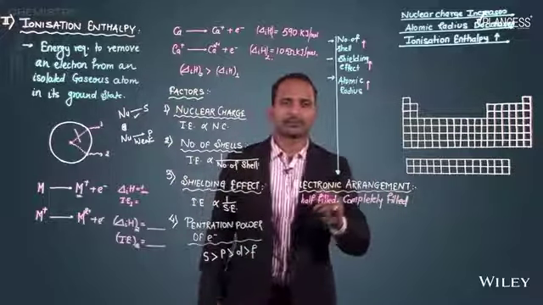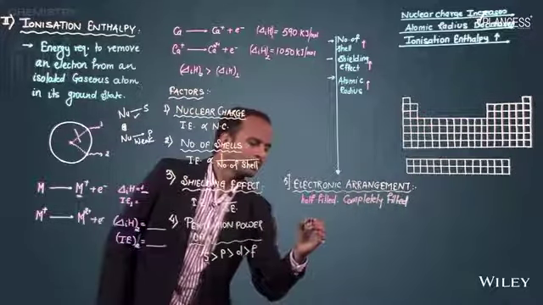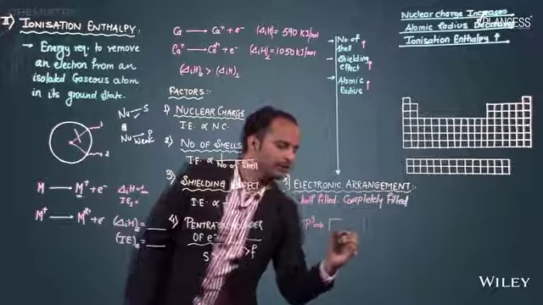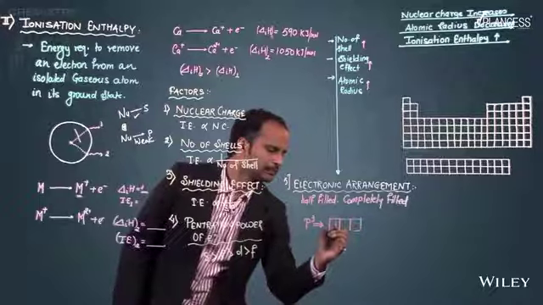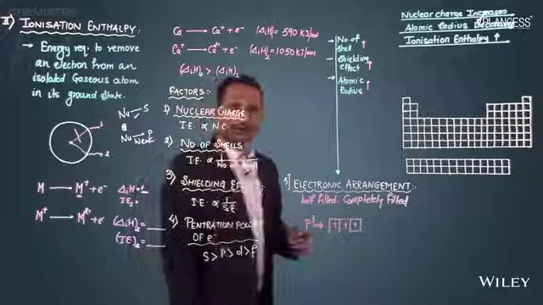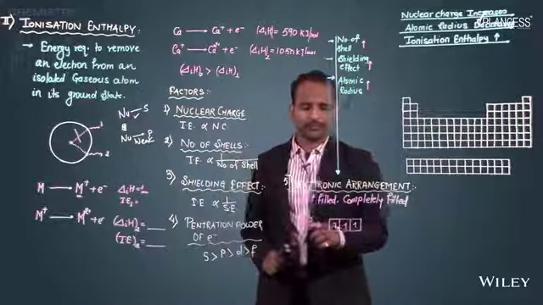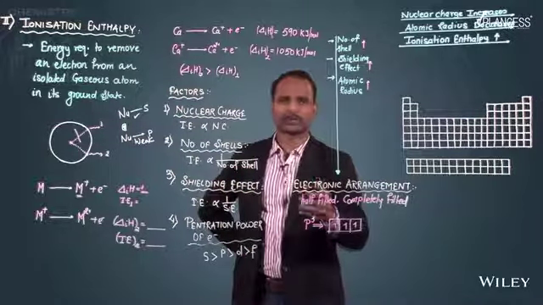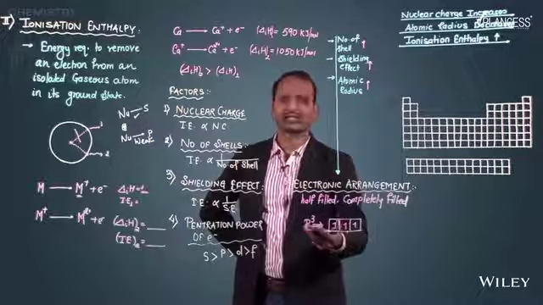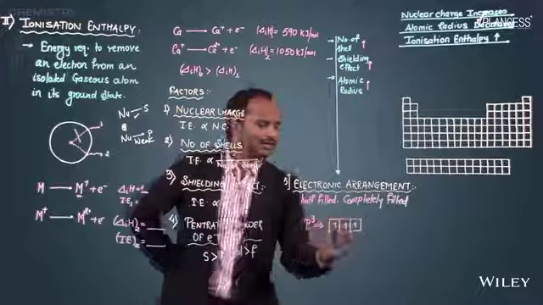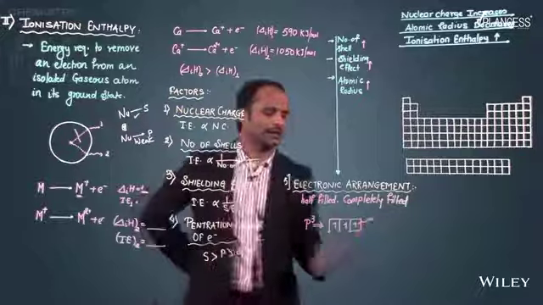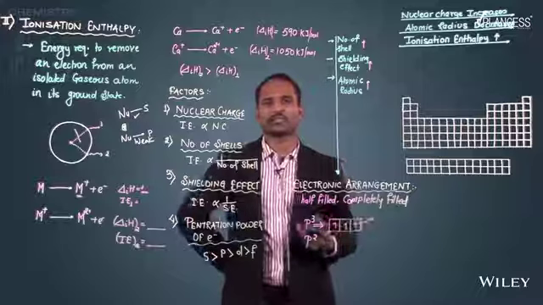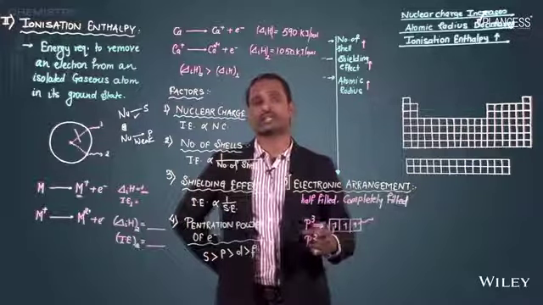For example, suppose there is an atom having outermost shell configuration p3. Means the p orbital has 3 electrons, and it is highly stable due to the half-filled configuration. So if you want to remove one electron, after the removal it will become p2, and so it is losing its stability.